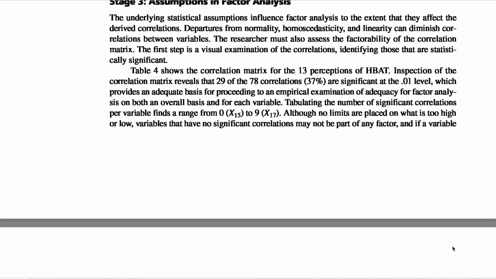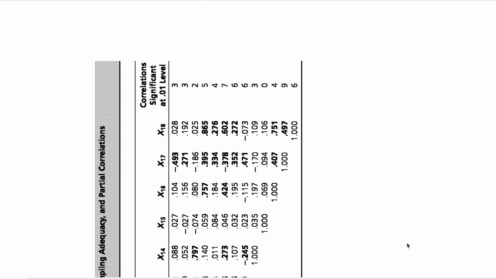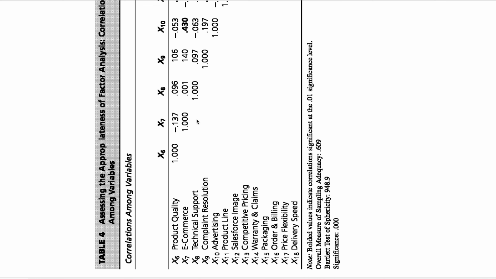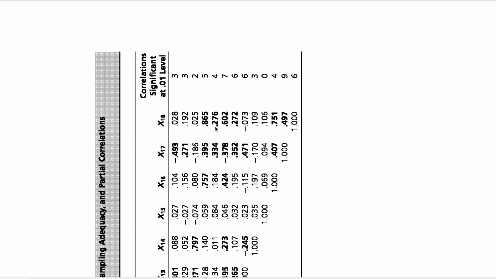Variables that have no significant correlations may not be part of any factor. The factors here include product quality, e-commerce, and technical support. Here the factor X6, X7, X8 and what they measured.